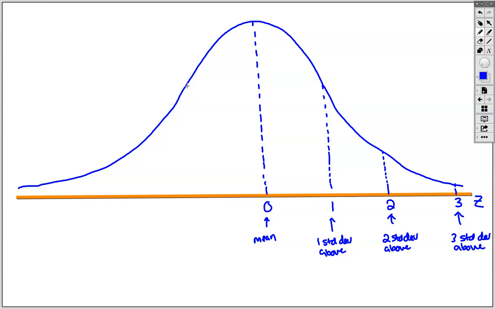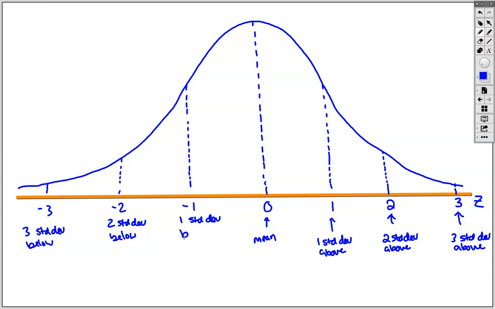Now over here, we're going to have negative 1, negative 2, and negative 3 for 3 standard devs below, 2 standard devs below, and 1 standard dev below. And that's how the standard normal curve is set up.